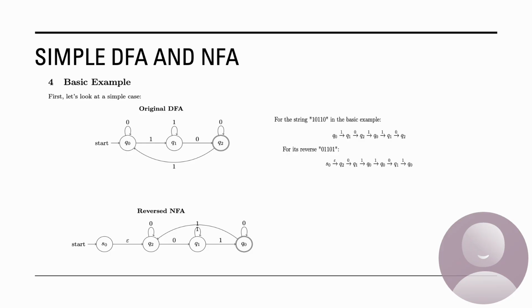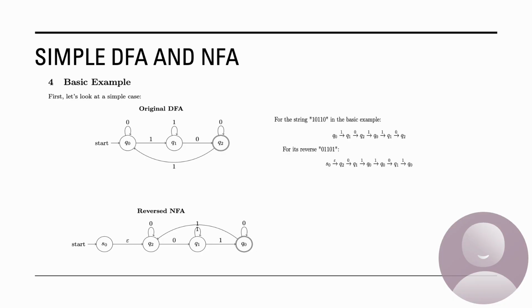We came up with a couple of examples to put the construction into perspective. For the first example, we have a DFA that accepts the string 10110, and beside it is the path the string follows. It would follow the path Q0, Q1, Q2, Q0, Q1, Q2.